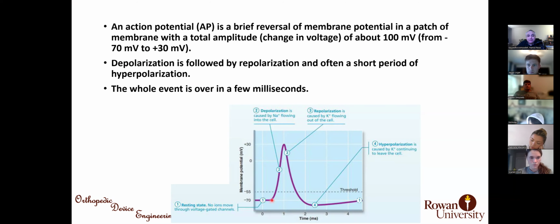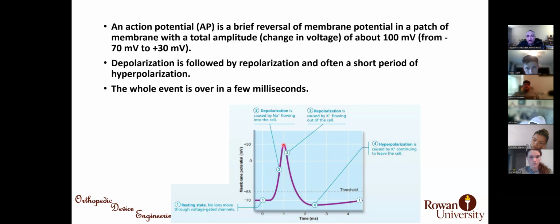This depolarization, which happens, takes a very short time, less than a millisecond. And then gradually the cell membrane returns to its original condition.